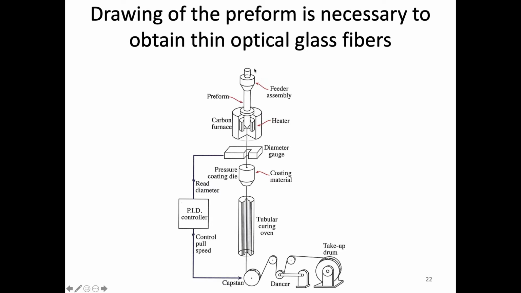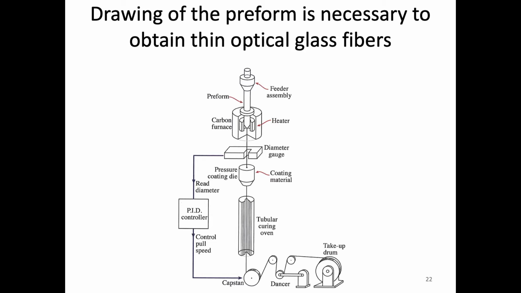So typically the preform is fed here. We have the formation of the preform, and then the diameter here, it goes through a coating material, and then here is the main part where we cure the material, and then we're basically pulling it through these various drums in order to control the speed. And so that's very important.